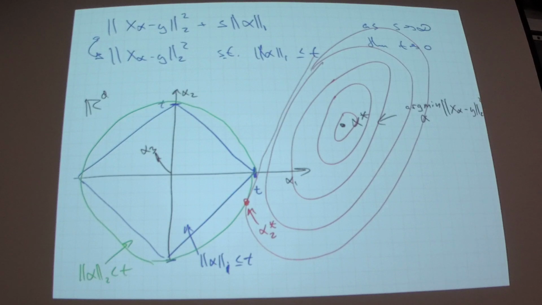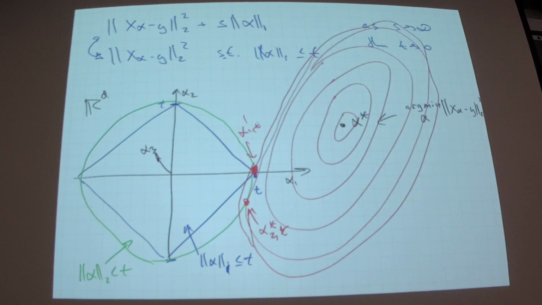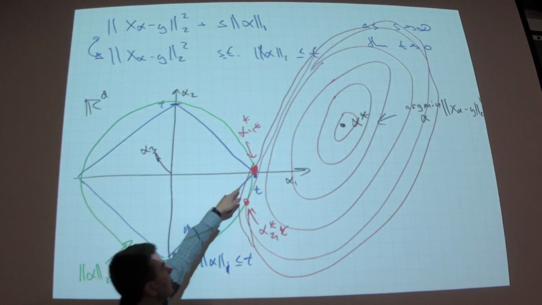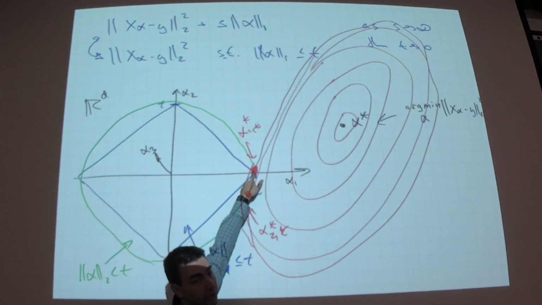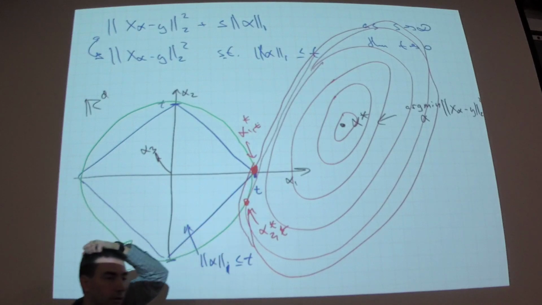And I have to kind of add a small amount of cost. Let's see if I can draw it here. Okay, so now the minimum cost here, this is alpha 1 star. Right, so this point right here is going to be the minimum cost solution inside of this L1 constraint ball. Okay.